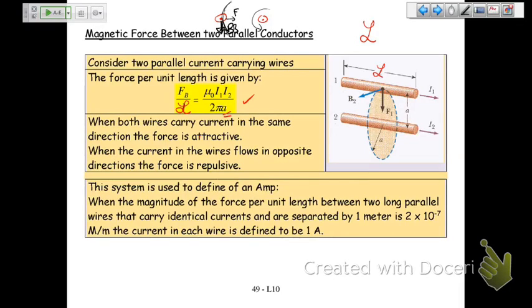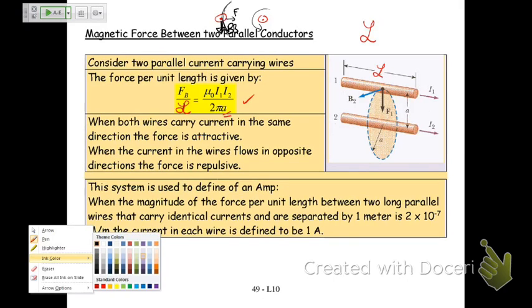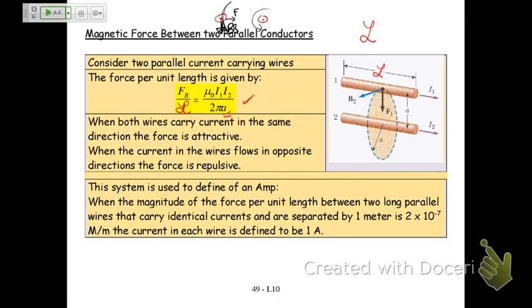If I reverse it and do the other way around, now my magnetic field is going to be in that direction. So there's my B coming out. I get an F like that. So either way, when you have current in the same direction, you're going to get attractive force. And if they're in opposite directions, you're going to get repulsive force. That's just the way it's going to be.